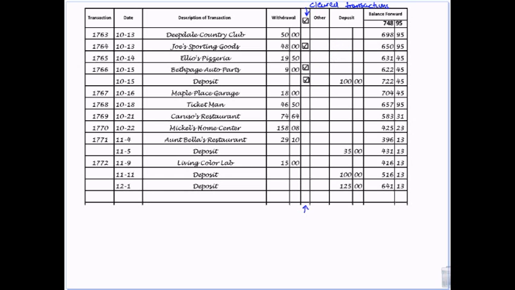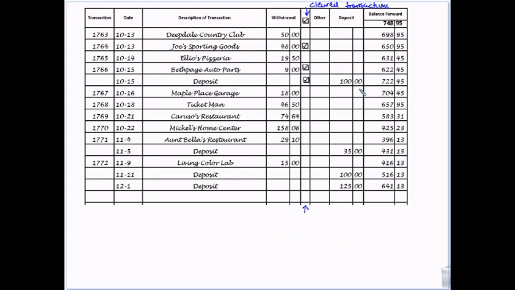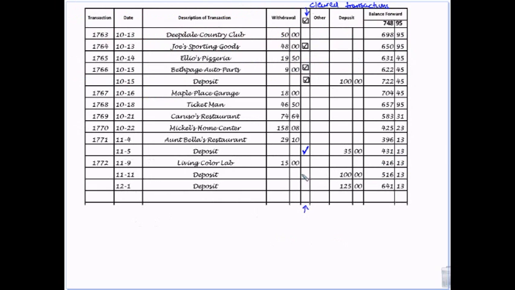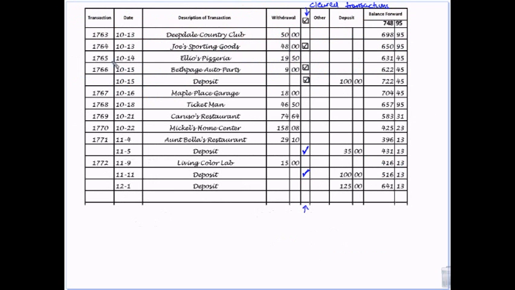Okay, so what we do is we go back and forth. So we have a deposit for $35. Here's a $35 deposit, we check it off. We have a deposit for $100, $100 deposit, we check it off. A withdrawal, check number 1770 for $158.08. 1770, $158.08.